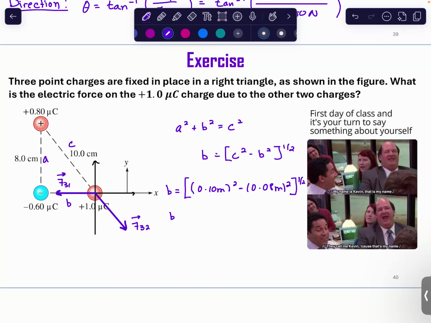So that distance in the +1 microcoulomb. It's getting there.